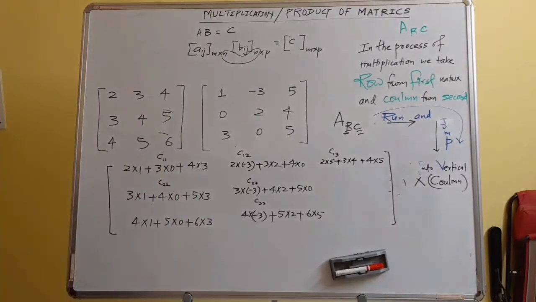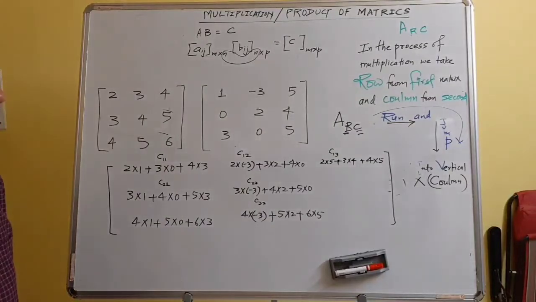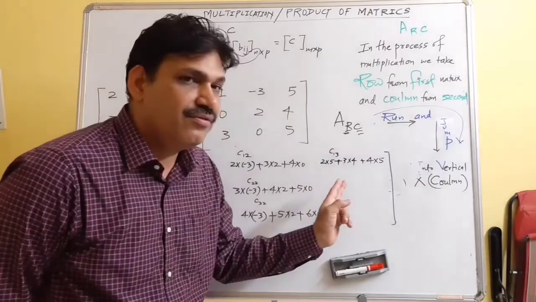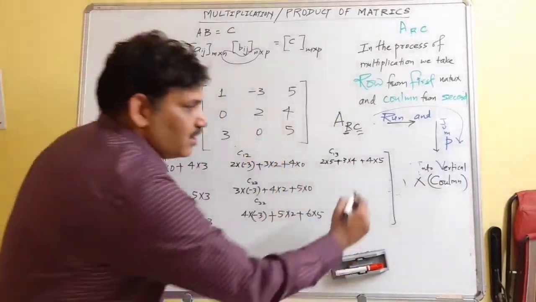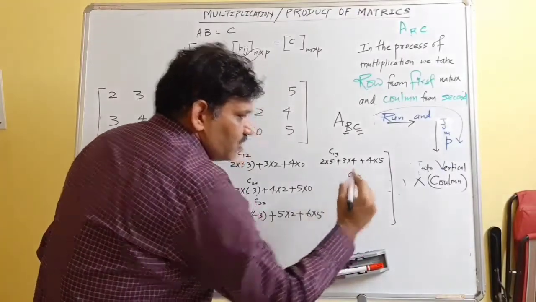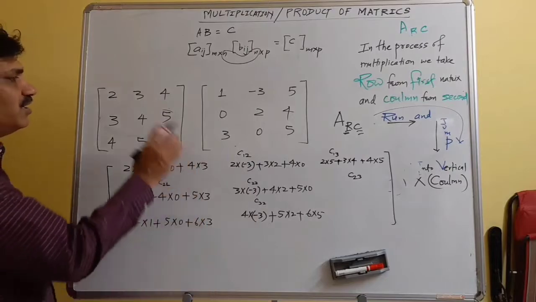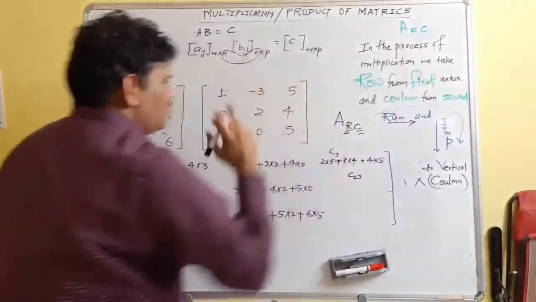Now the remaining 2 entries, let me fill first this. What position is it? It is second row and third column. This entry can be obtained by multiplying second row from first and third column from second.